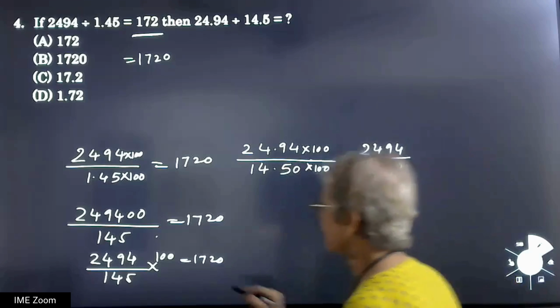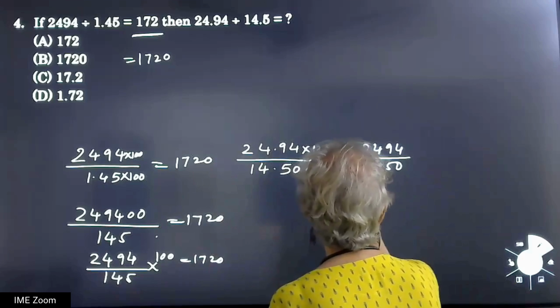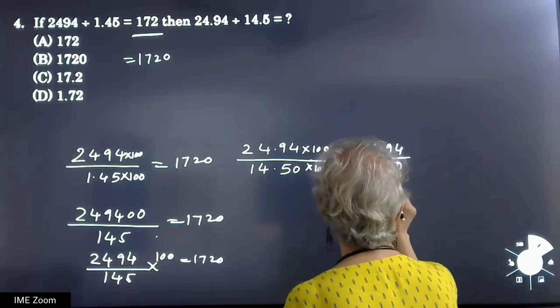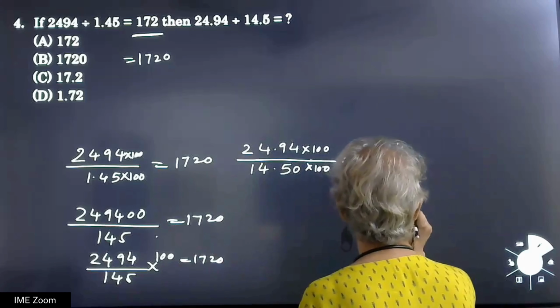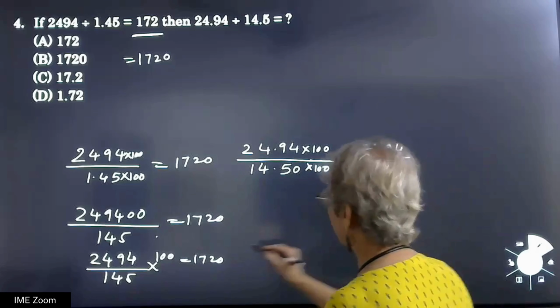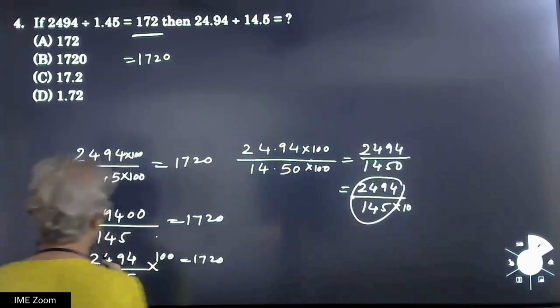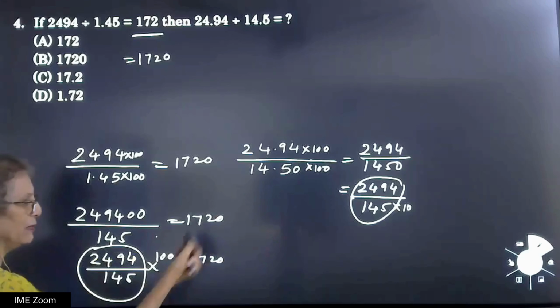Right? Now look here. What is this? One more thing here. 2494 upon 145 into 10. It is like this. So first let us find out the value of this from here. Look here. We want the value of this. This value, if we substitute there, we will get the answer.